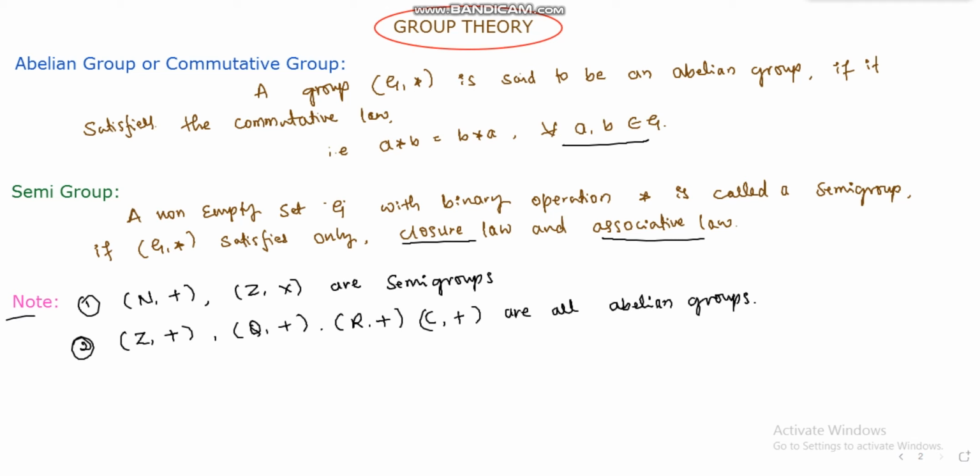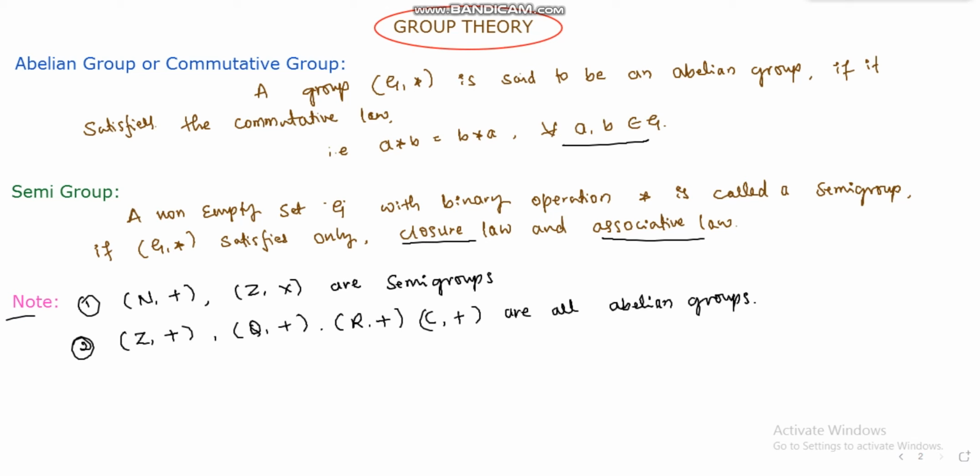Addition of natural numbers and multiplication of integers are semi-groups, because addition of natural numbers satisfies the closure law as well as the associative law, and multiplication of integers also satisfies the closure law as well as the associative law.